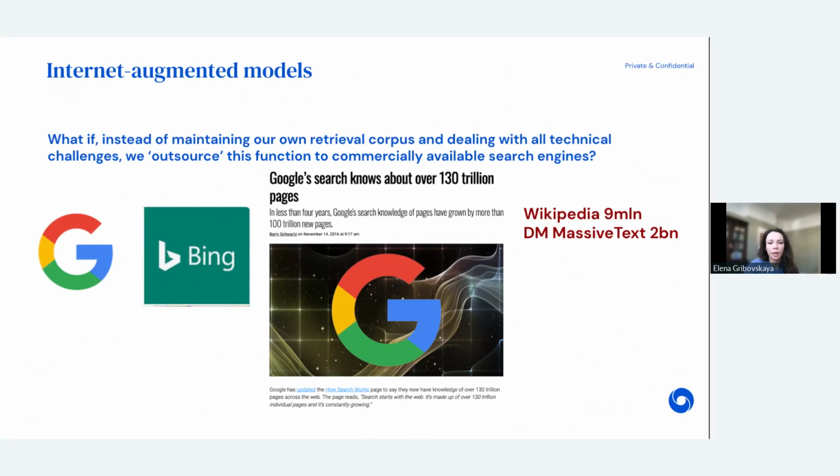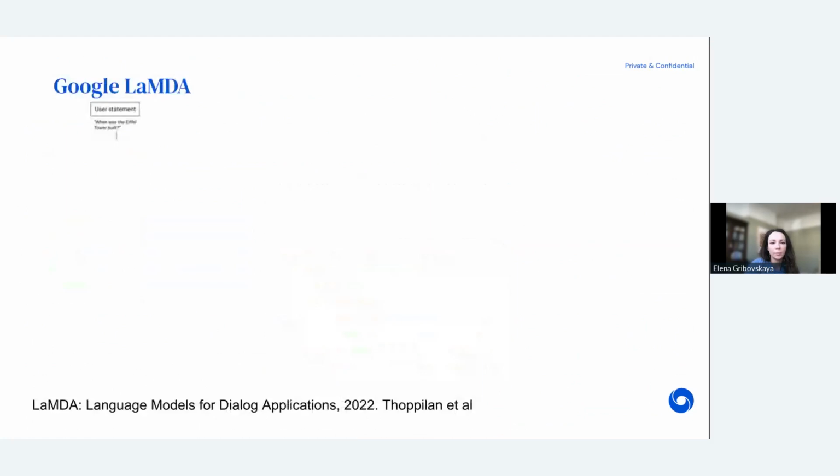And in fact, this is something that caught the attention of many research groups across the world. Here I will be talking about how Google Search is used in the Google LaMDA model that has been recently released.